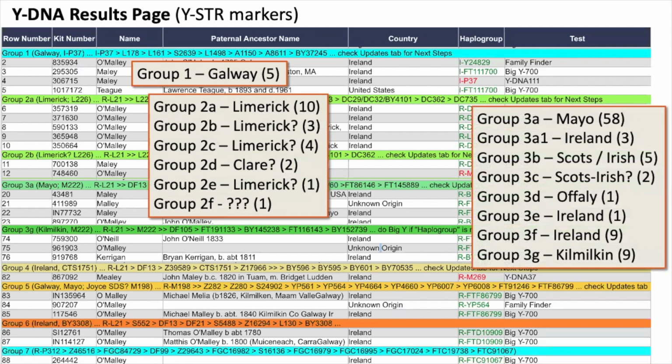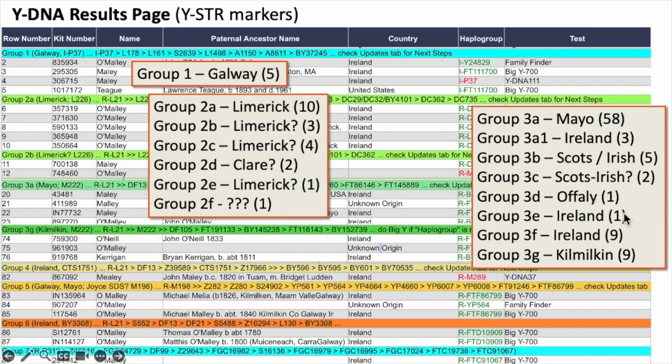It's the largest one in the project, but there's various other smaller groups who all connect up generally in the Mayo area usually, or who are connected to the Mayo group by an ancestor who lived maybe 2,000 years ago rather than 10,000 years ago. But there's a variety of different subgroups.